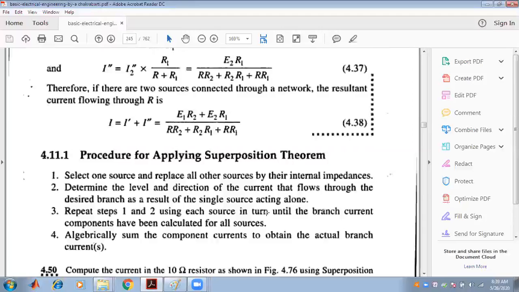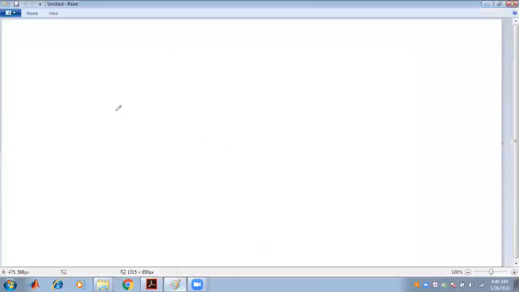Repeat steps 1 and 2 using each source in turn until the branch current components have been calculated for all sources. Algebraically sum the component currents to obtain the actual branch current or currents. Let us take an example in order to view the superposition theorem.